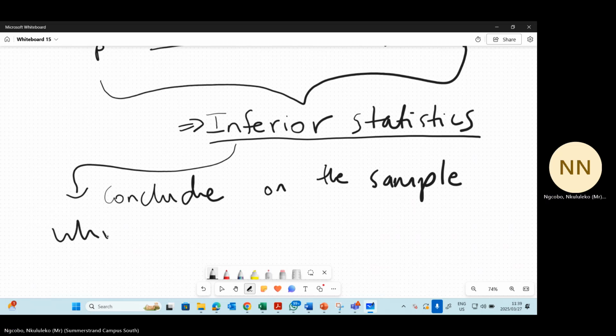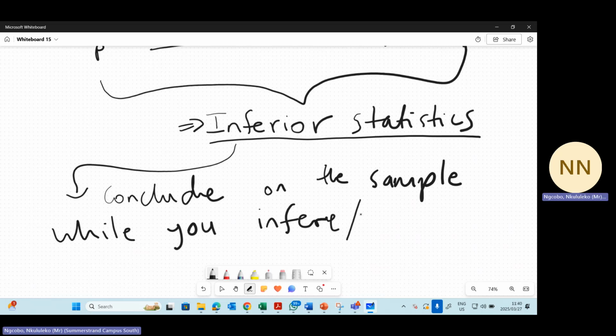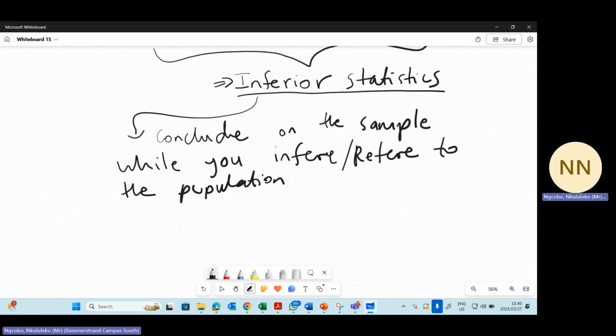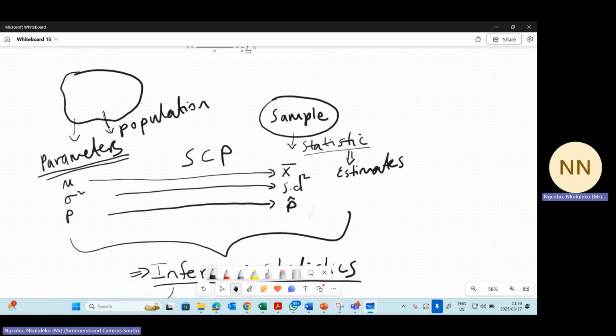That's your main aim, right? Whatever information you find based on the sample, you want to make a conclusion about the whole population.